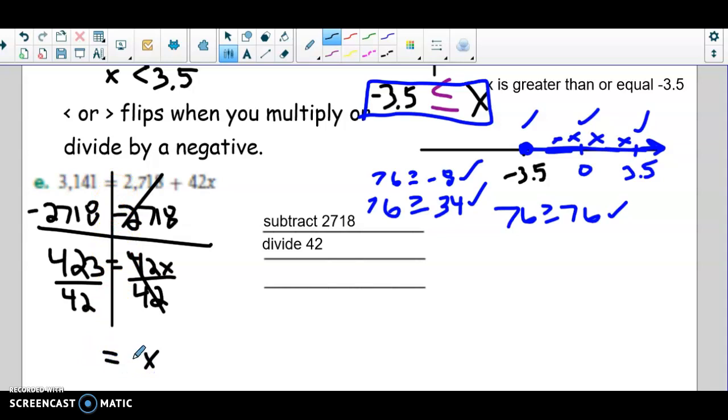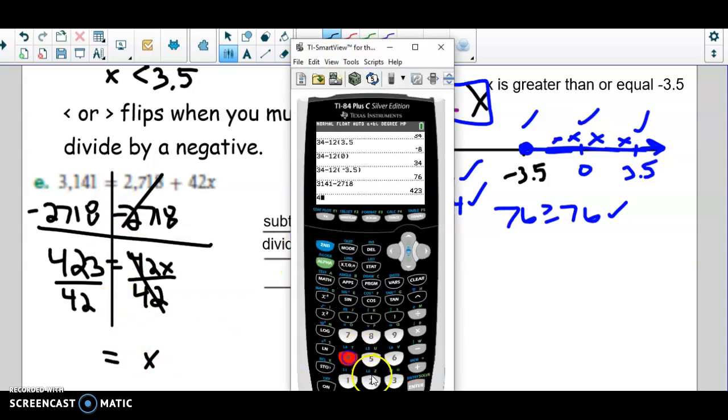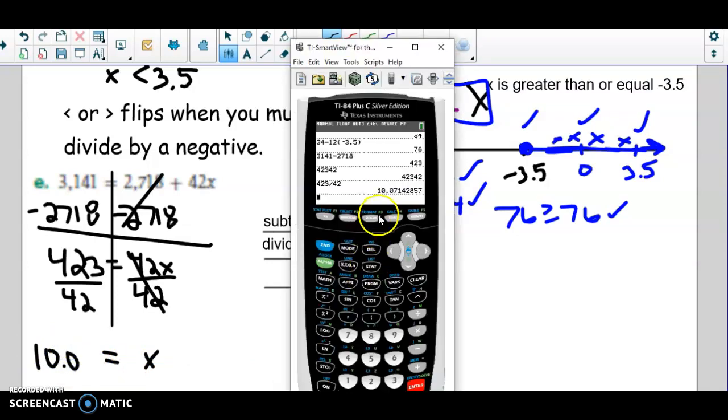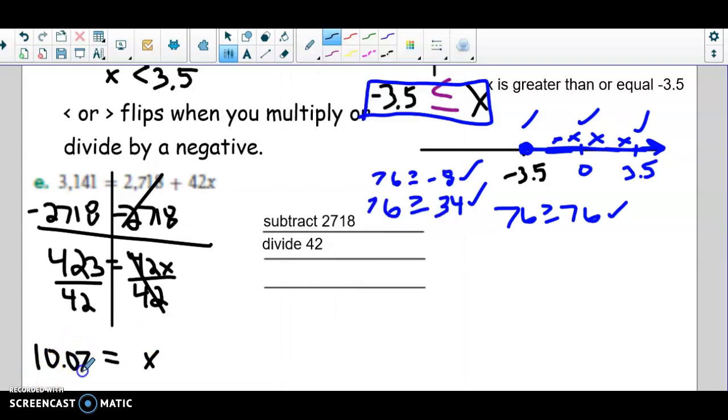We don't have to think about flipping the inequality or anything like that. We would just divide. So we do 423 divided by 42, and we get 10.07, we're just going to say 10.07.